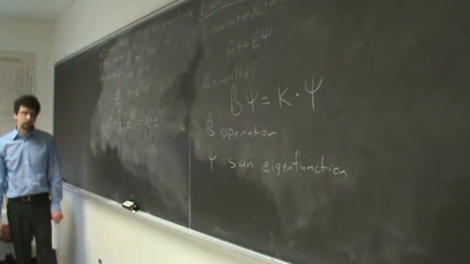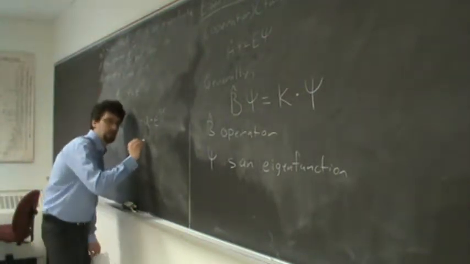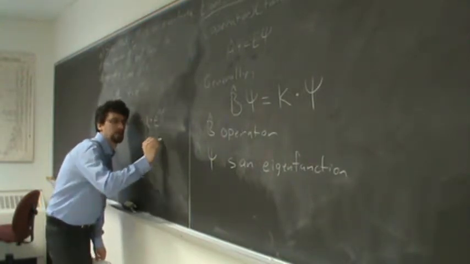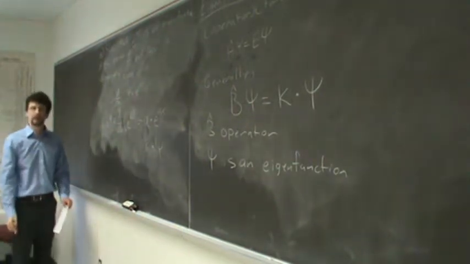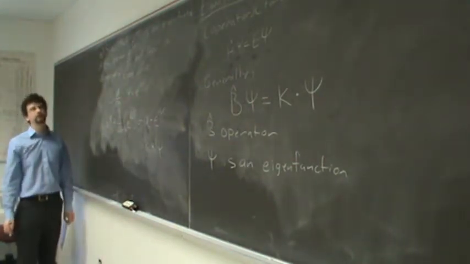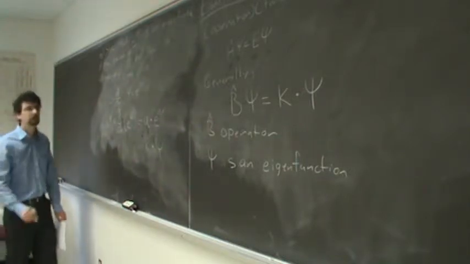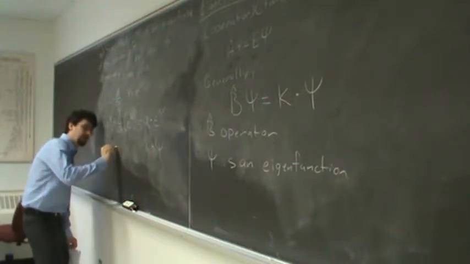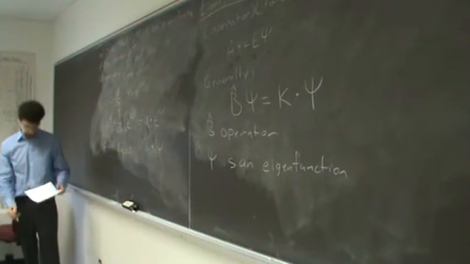Okay, so that's our constant. That's our same function that came up, right? Okay, so we've shown that it's an eigenfunction. What's going to be the eigenvalue then? Yep. The eigenvalue is equal to a in this case.